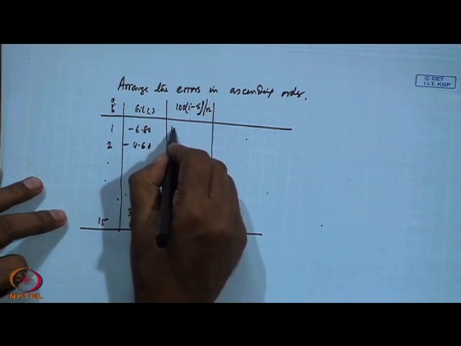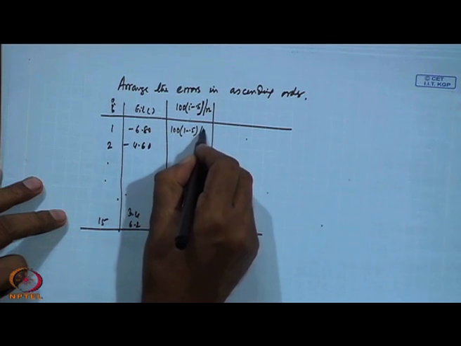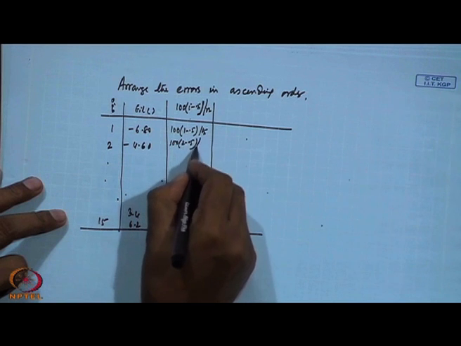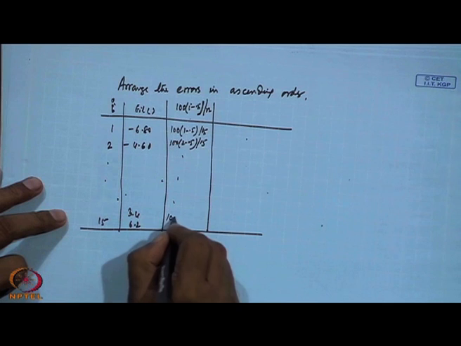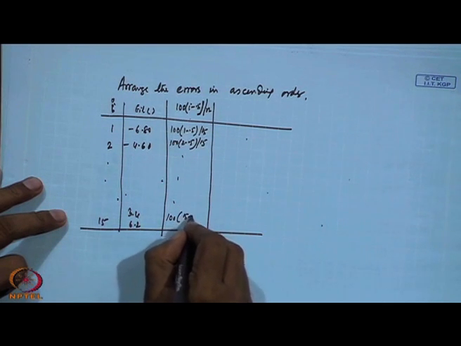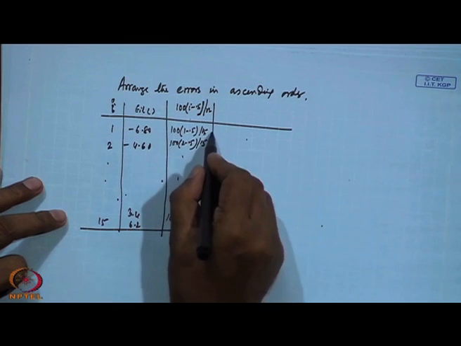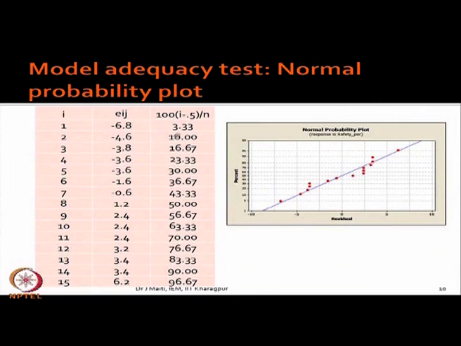So it is 100 into (1 minus 0.5) by 15, 100 into (2 minus 0.5) by 15, and in this manner the last one is 100 into (15 minus 0.5) by 15. The first value, 100(i minus 0.5)/n, is 3.33.